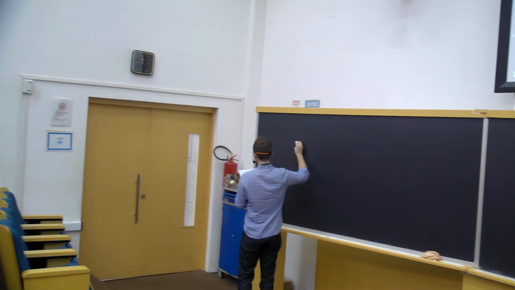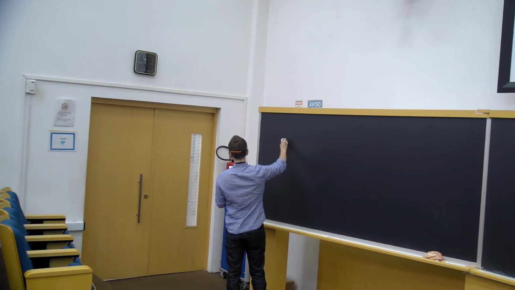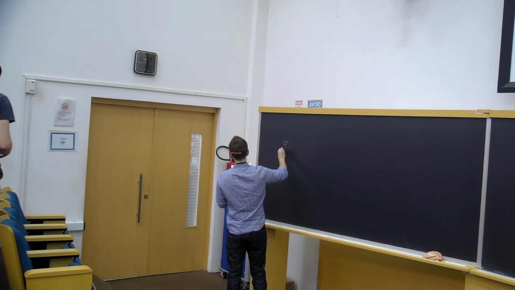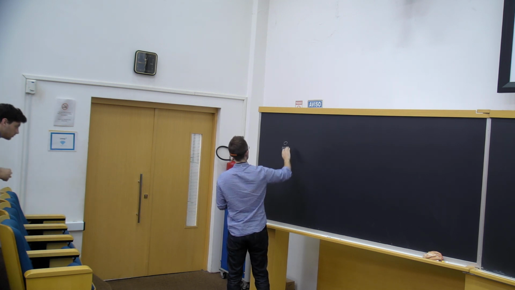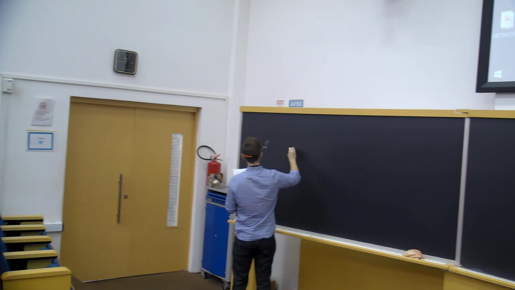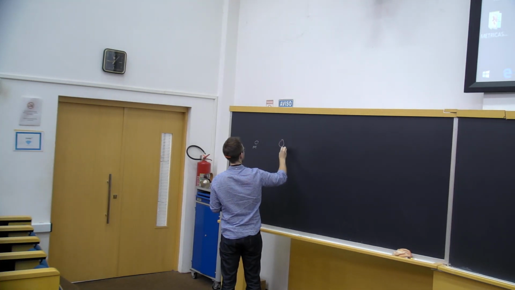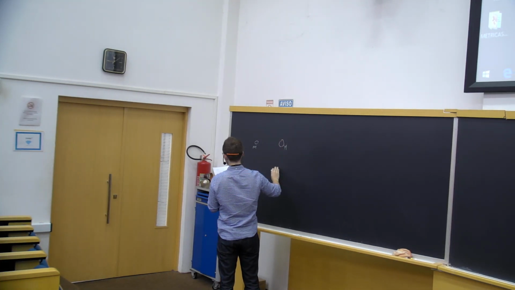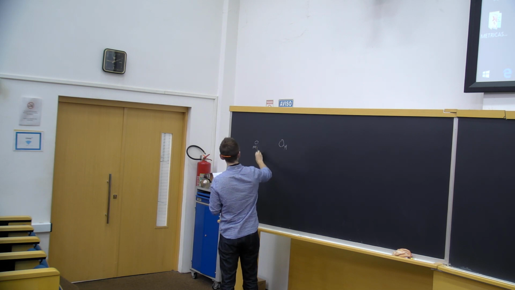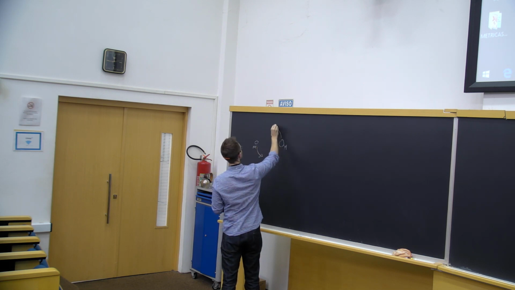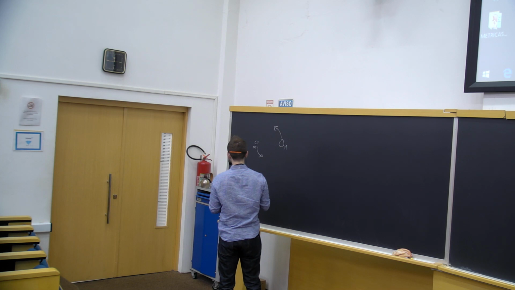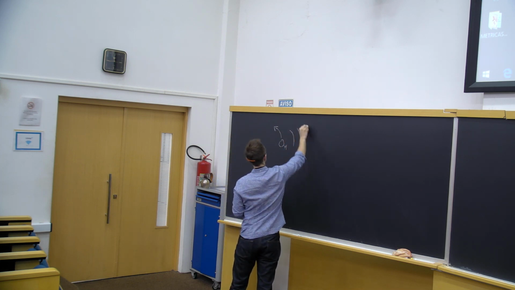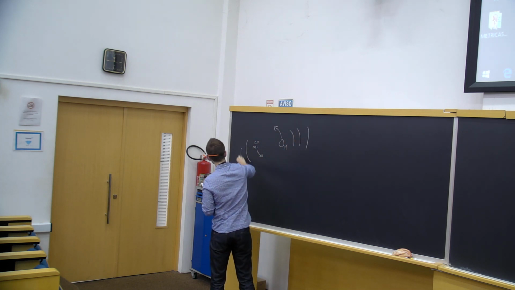So we're looking at compact binaries. The notation I use is going to be a little bit different than Luke's. So I have one object of mass little m, another object of mass capital M, and they're orbiting around each other, emitting gravitational waves.